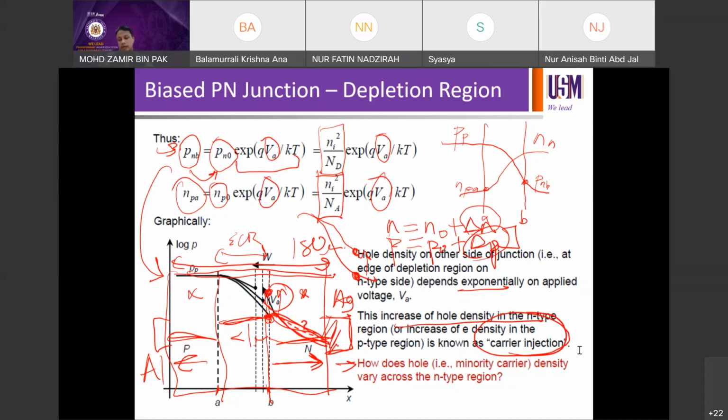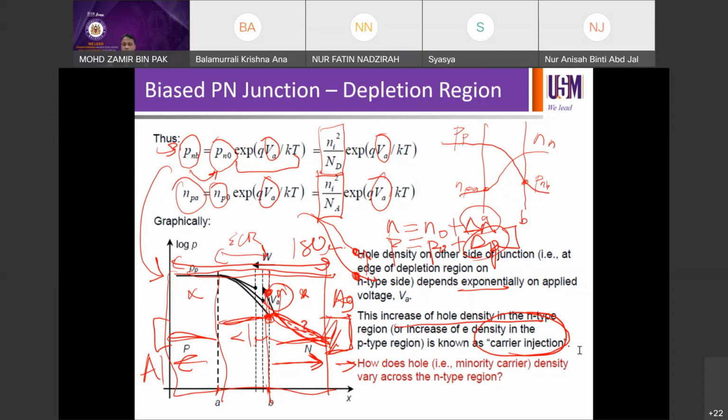And therefore, as a result, what should we expect at the end of the opposite depletion region? The picture is already below. The barrier height is reduced, further diffusion takes place.